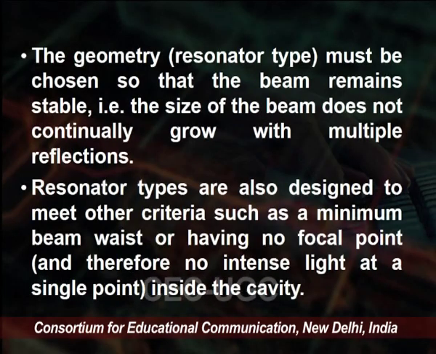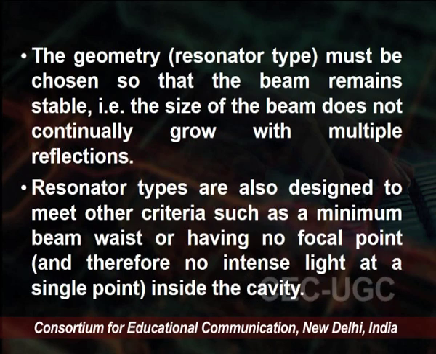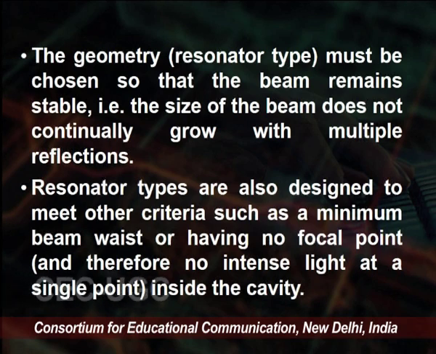Flat mirrors are not often used because of the difficulty of aligning them to the needed precision. So curved mirrors we will use in the optical resonators. The geometry and resonator type must be chosen so that the beam remains stable. That is, the size of the beam does not continually grow with multiple reflections.